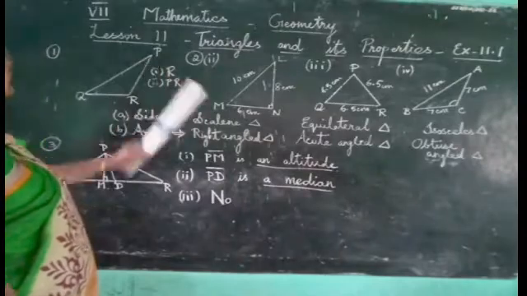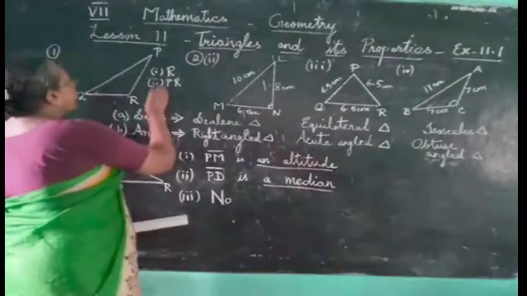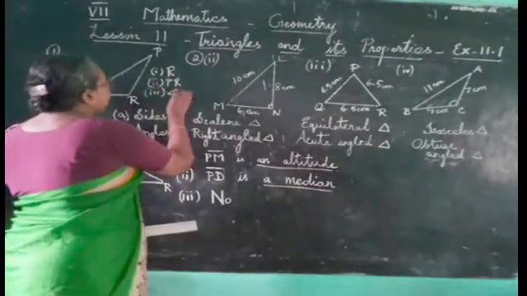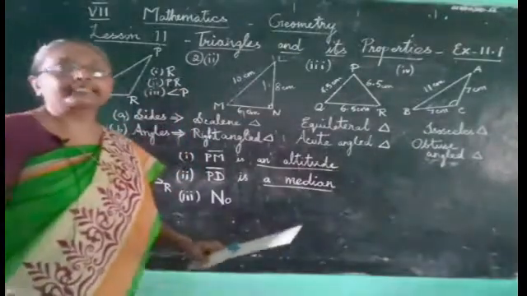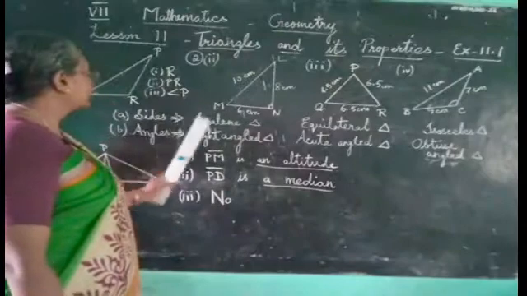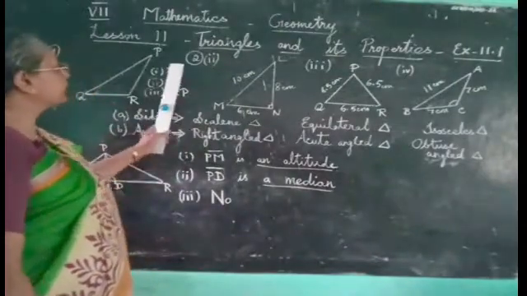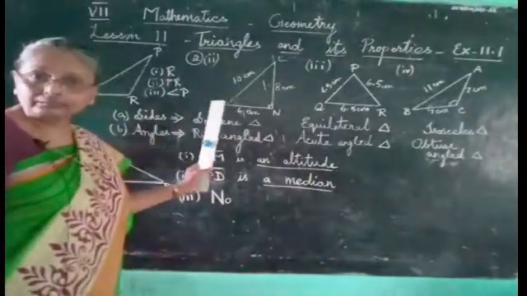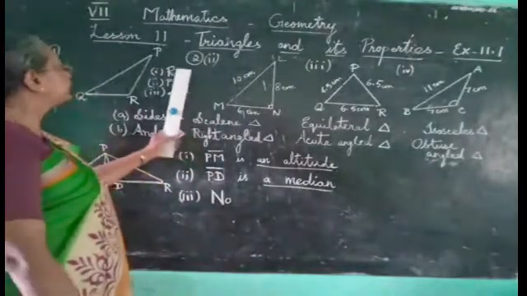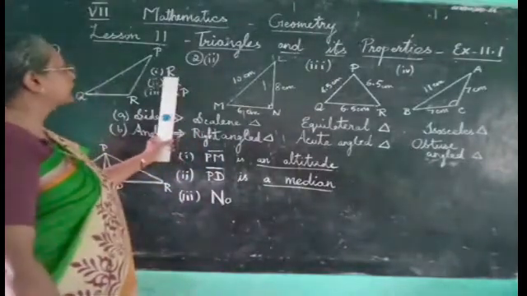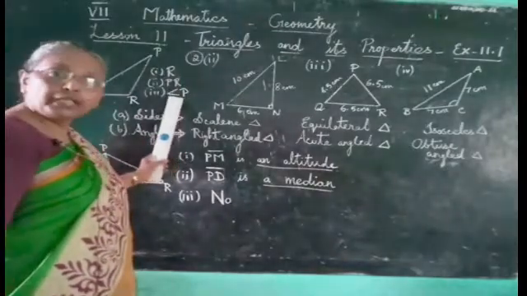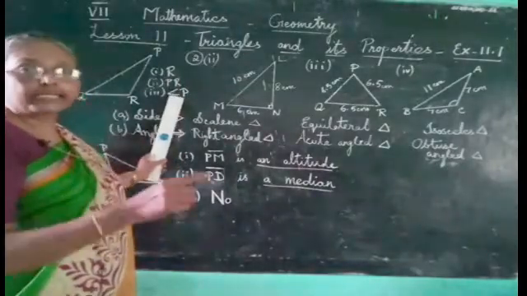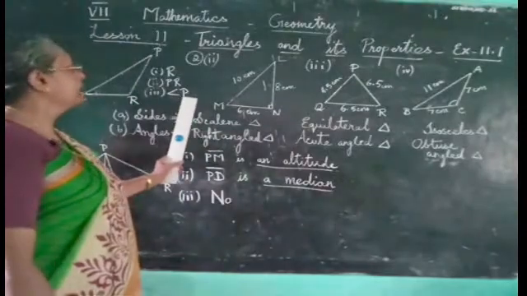It is angle P. So you can mention that as angle P. Instead of simply writing P, you can write it as angle P, because you should make a difference between vertex and angle. Vertex means it is simply represented by a letter, vertex R. But angle means you should put the symbol of angle before that letter. So it is angle P.